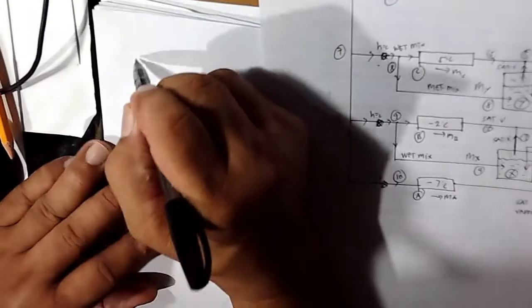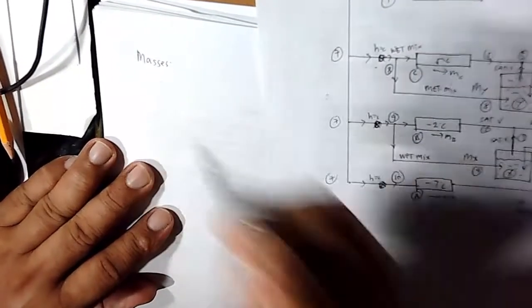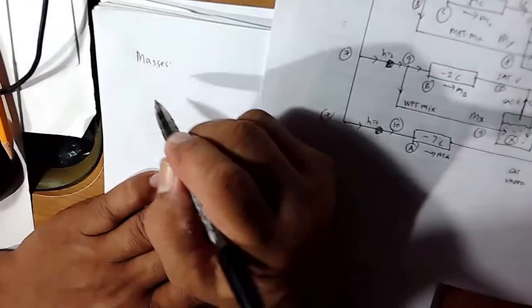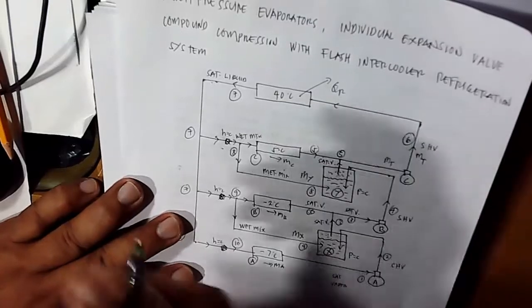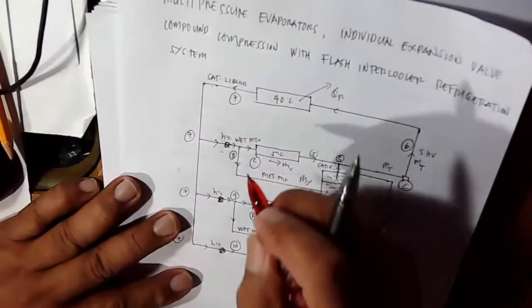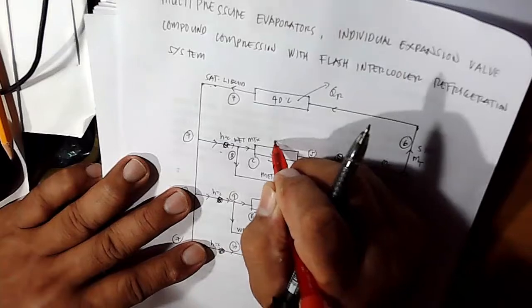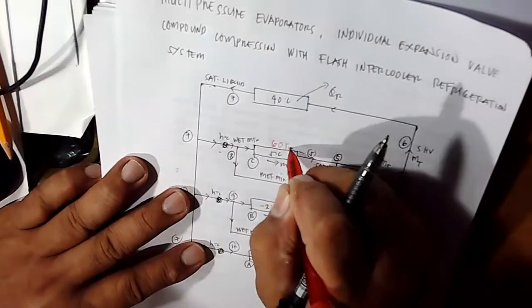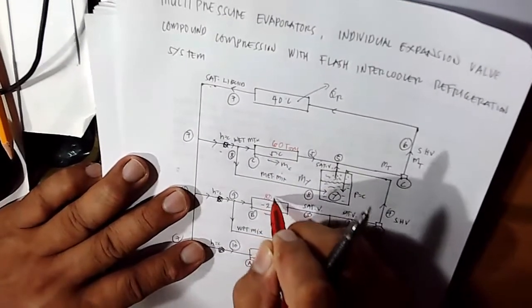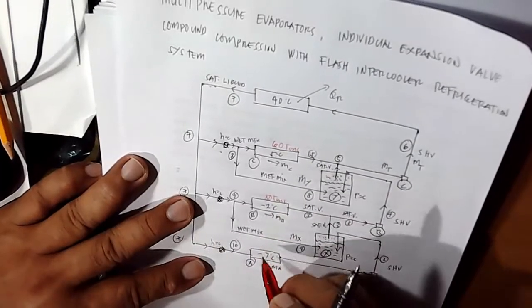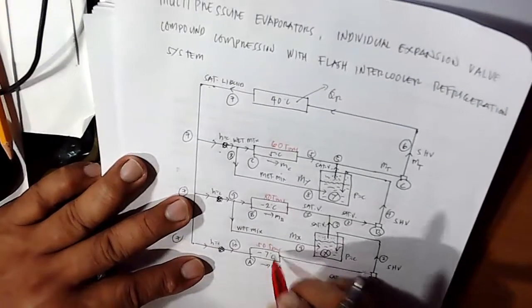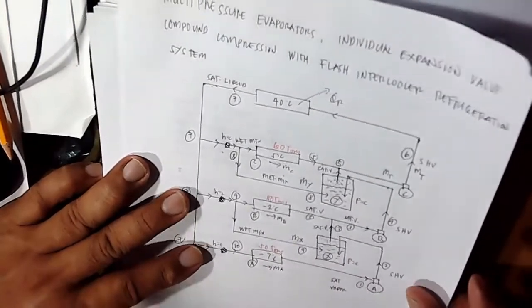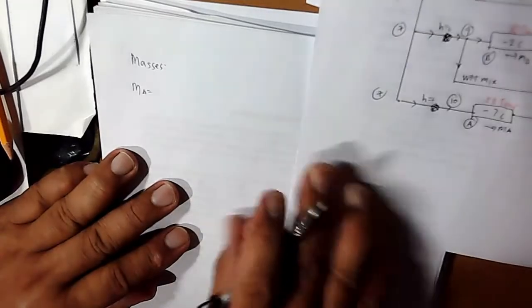Let's say for masses, for mass A, let us consider also, let's say this is 60 tons, 80 tons, and 50 tons. So with their given capacity, you can easily determine mass A.